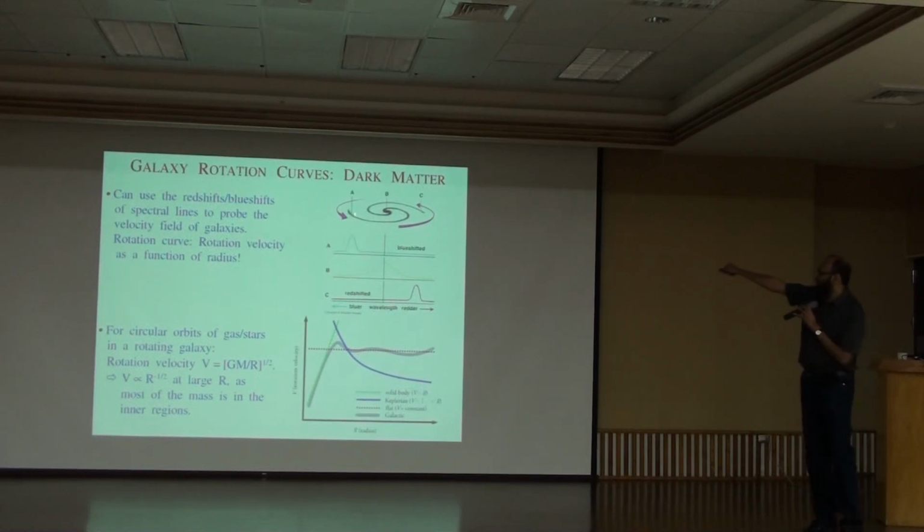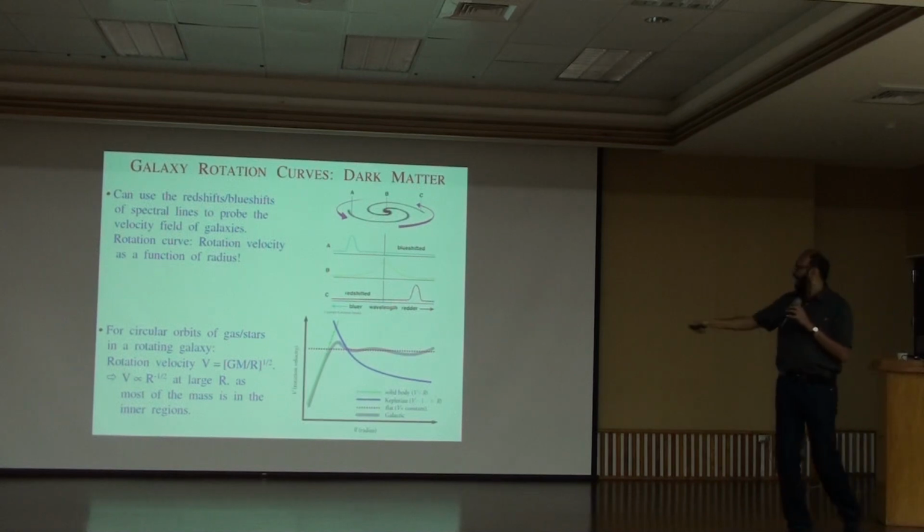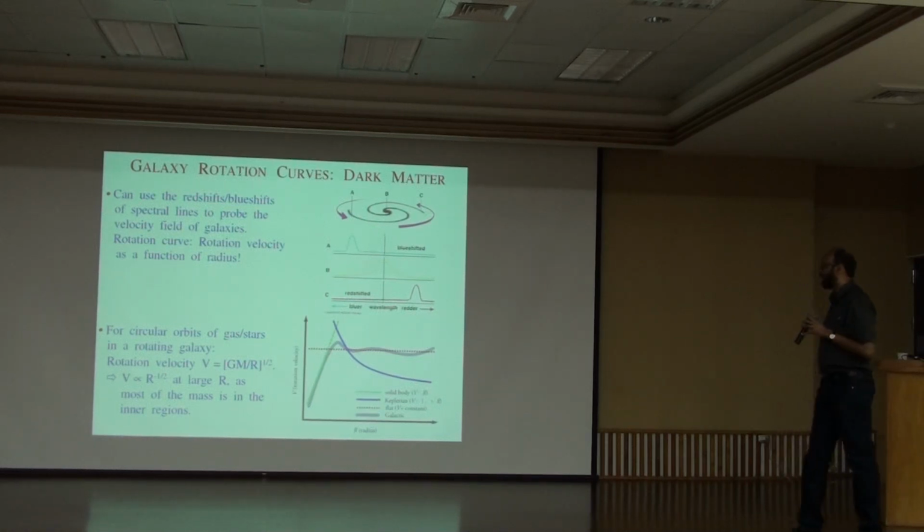The idea is that if this part of the galaxy is rotating faster than this part, this will be shifted more than this. So things over here will emit somewhere in this wavelength. Things over here will emit somewhere in this wavelength. So I can measure the velocity at different points in the galaxy and tell you how the velocity depends on radius. Very simple. Simple measure.